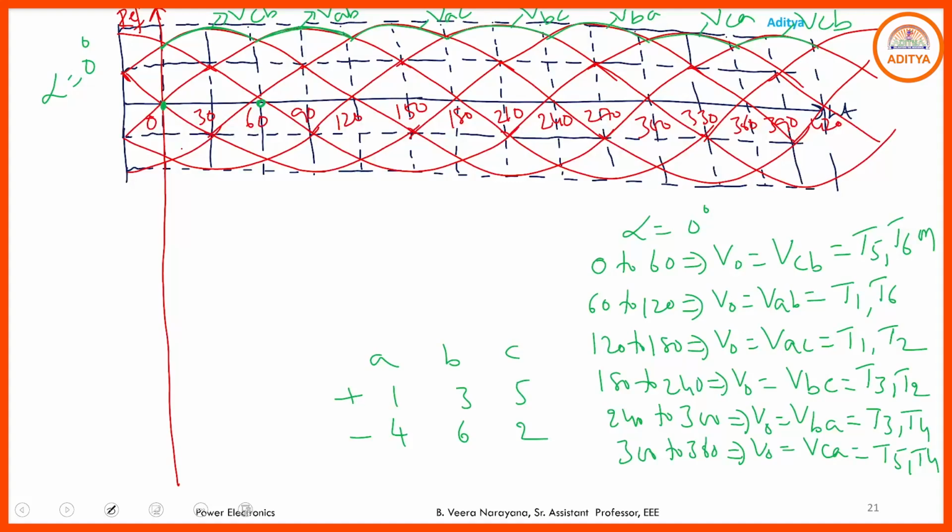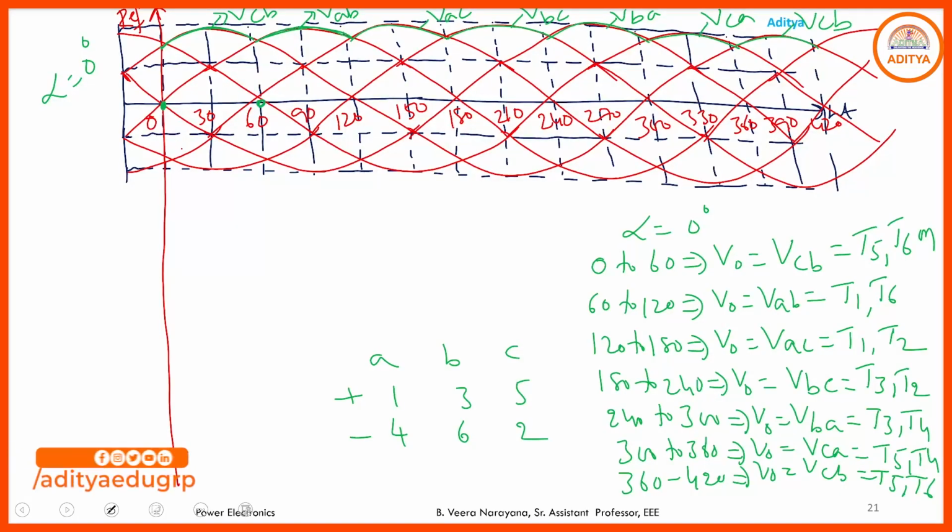And 360 to 420, again V naught is equal to VCB, again T5, T6, that is the continuation. Again it repeats, VCB. So if you go with alpha equal to 0 degrees, T1 is on at 60 degrees.